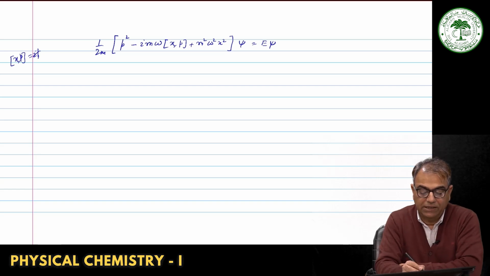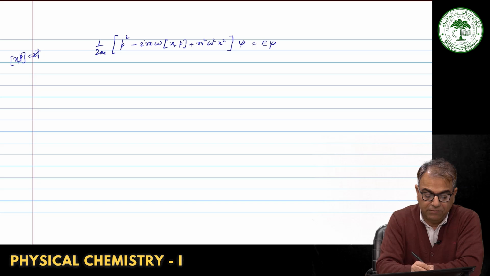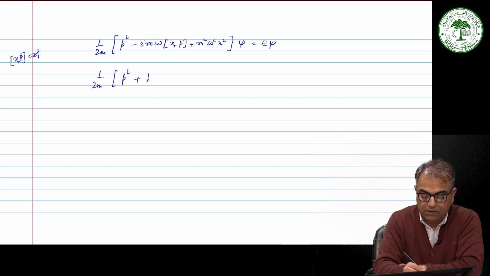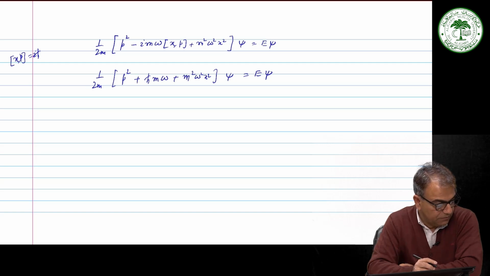So, if you put I h cross, then I and I square will be minus, and this will become plus 1 by 2m (p square plus h cross m omega plus m square omega square x square) psi is equal to E psi. This I can write.